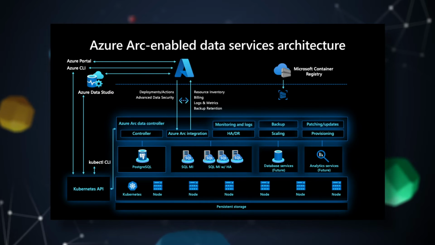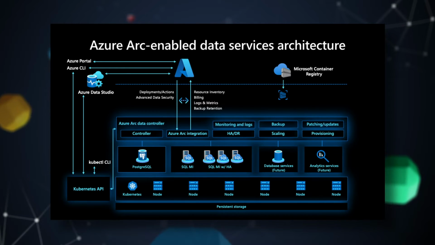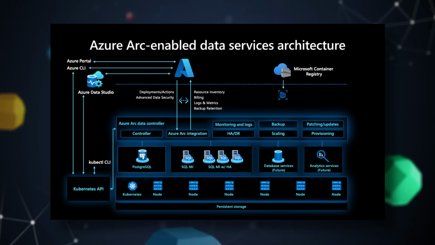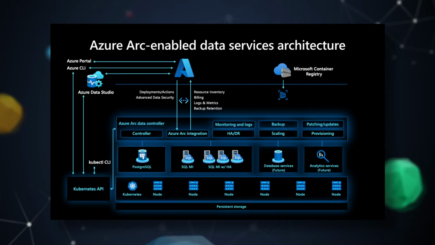Over here is the Azure cloud on the top and the Microsoft Container Registry through which updates and patches and packages can get downloaded. Once you have that connectivity, you can spin up Azure SQL Managed Instance right from the Azure portal, using Azure Data Studio on premises, or even using CLI, as well as using Kubernetes native capabilities and GitOps and all that integration.